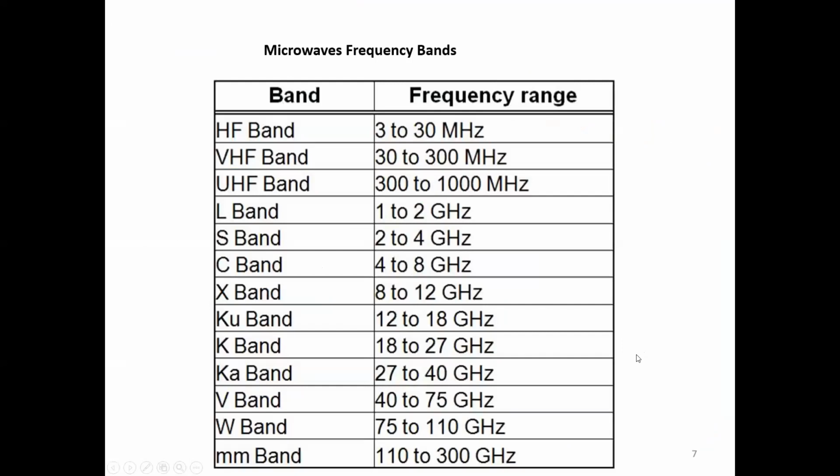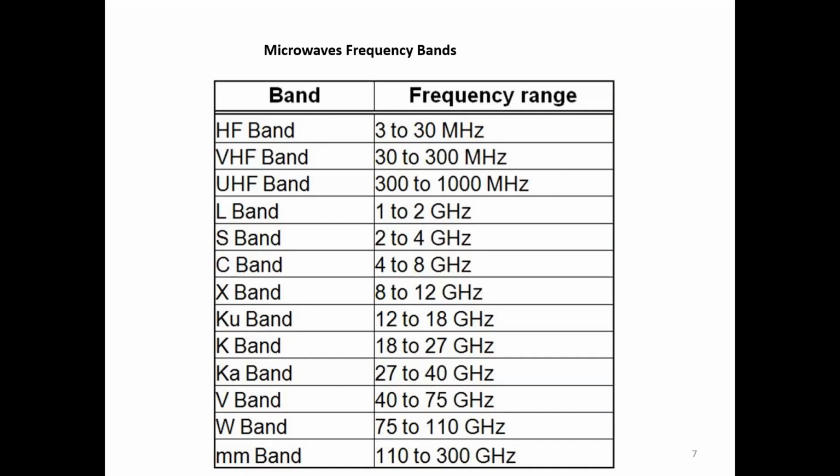Now see the frequency bands. High frequency band 3 to 30 megahertz, very high frequency band 30 to 300 megahertz, ultra high frequency band 300 to 1000 megahertz. L band 1 to 2 gigahertz, S band 2 to 4 gigahertz, C band 4 to 8 gigahertz, X band 8 to 12 gigahertz.